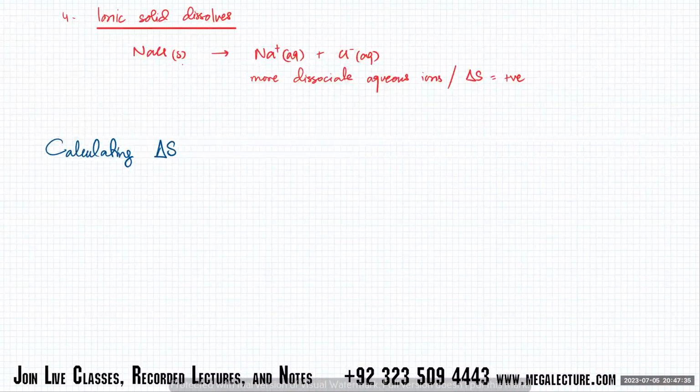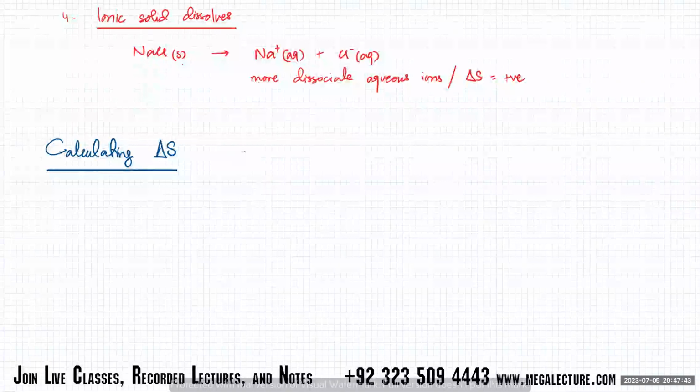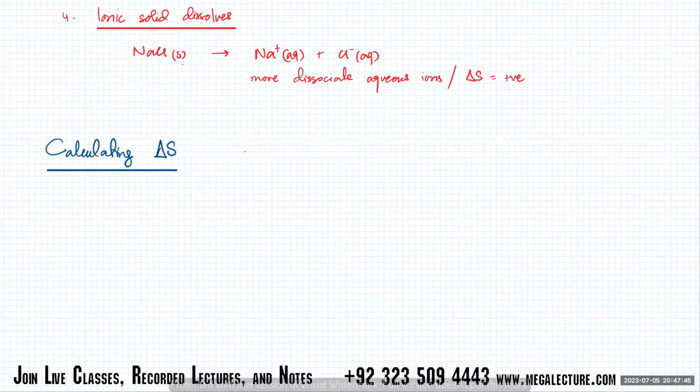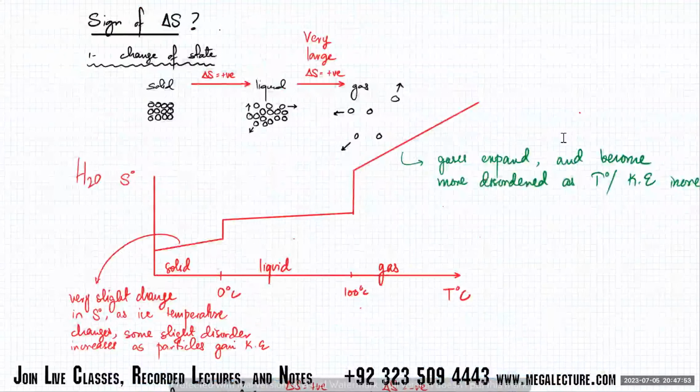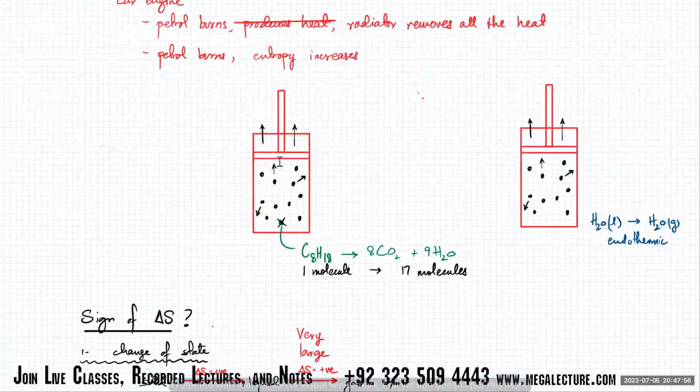How do you figure out the value of delta S? So delta S, entropy or disorder, is what? We're going to try and define it. I explained to you the example of a steam engine or car engine, a combustion engine, right?